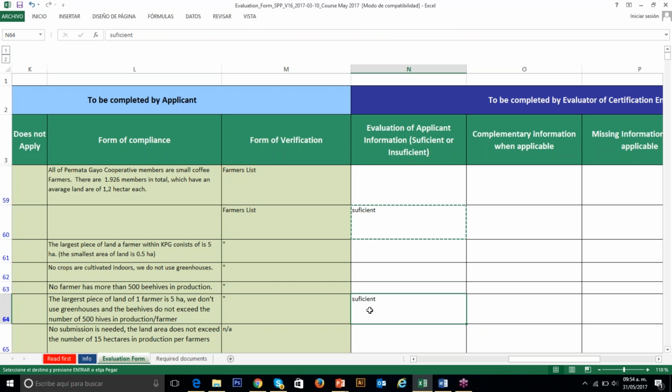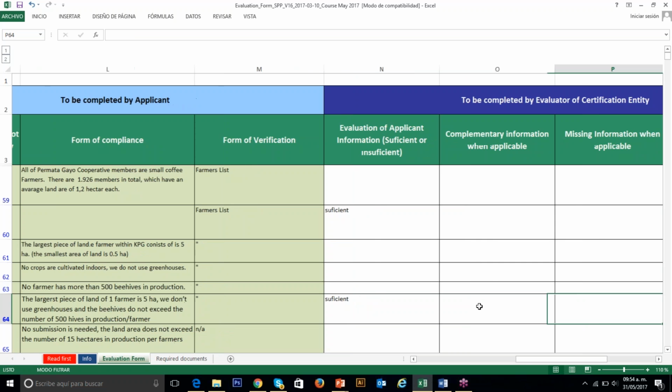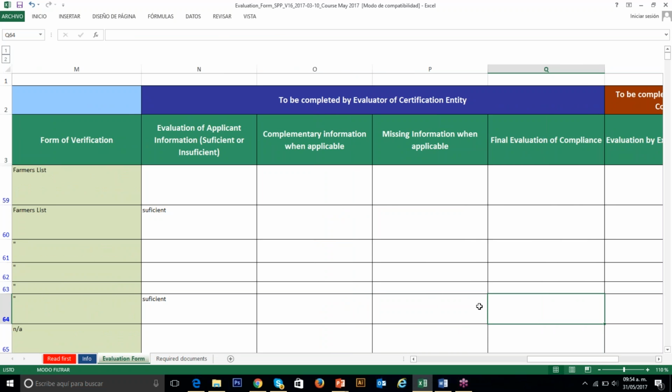In this next column, complementary information when applicable, just in case you use other information. In this case, I'm not using other information. Then in this next column, missing information when applicable.